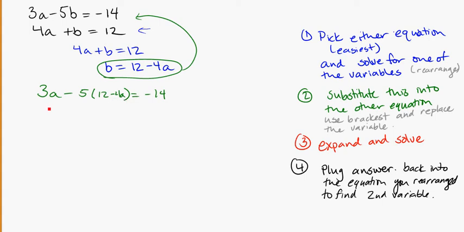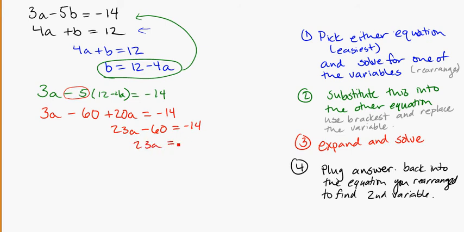In my third step, I'm going to expand and solve, so 3a minus 5 times 12 is 60. And minus 5, taking the minus with me, minus 5 times minus 4a is going to be positive 20a, equal to negative 14. Combining like terms, 3a plus 20a is 23a, minus 60 is equal to negative 14.